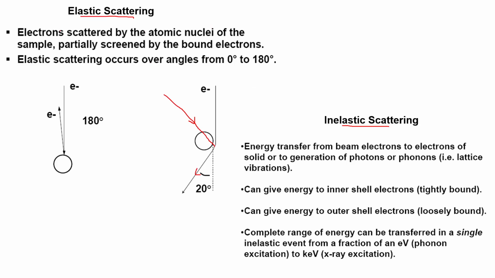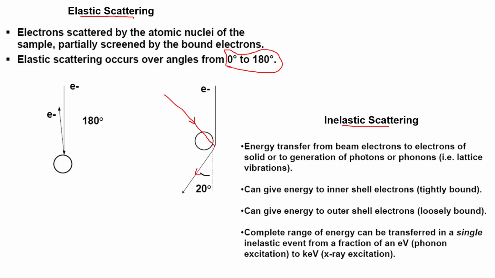In elastic scattering, electrons are scattered by the atomic nucleus of the sample, partially screened by the bound electrons. The direction will always be changed, and it occurs from an angle of 0 degrees to 180 degrees. In inelastic scattering, the energy is always decreased but the direction is the same.